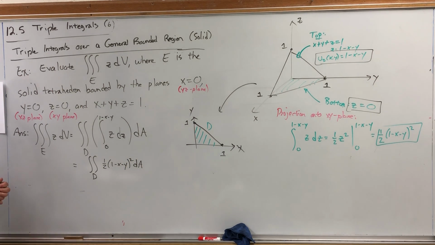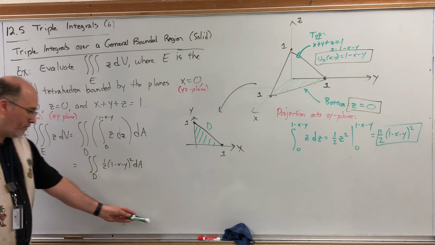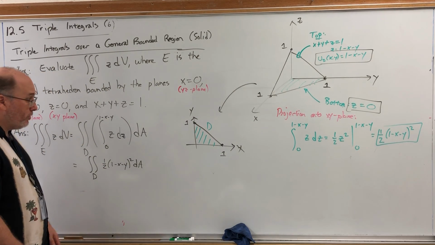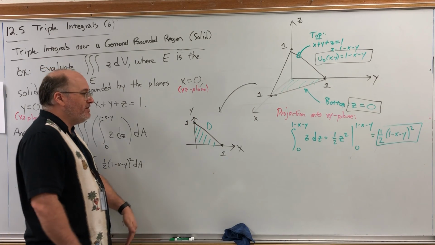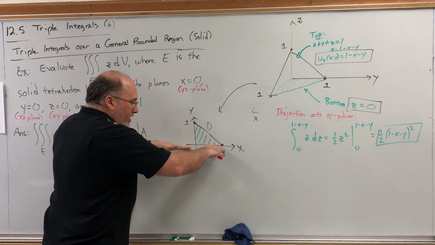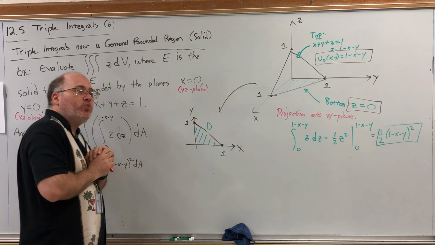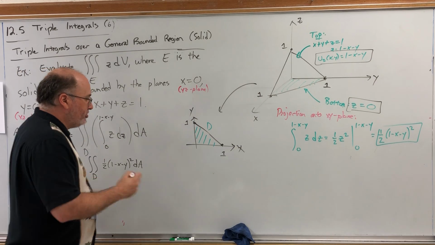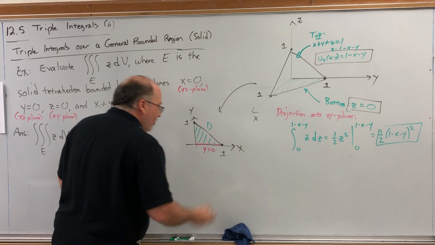And now we have to shift gears and think about how to integrate this over this region. Now, we could integrate with respect to x or with respect to y. It all depends upon if you want to look at this region as being defined on the top by this line, on the bottom by that one, or on the right by that line and on the left by this one. Let's go top to bottom. To me, top to bottom is always the best approach to take. On the bottom of this region, y is equal to 0.